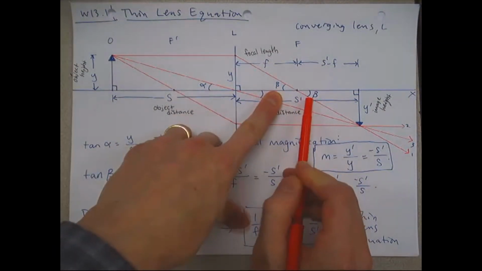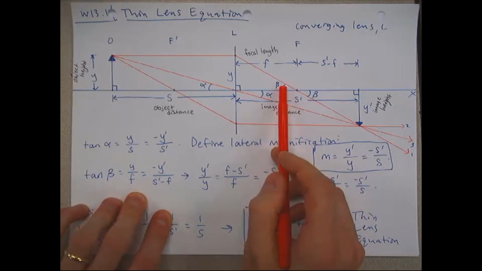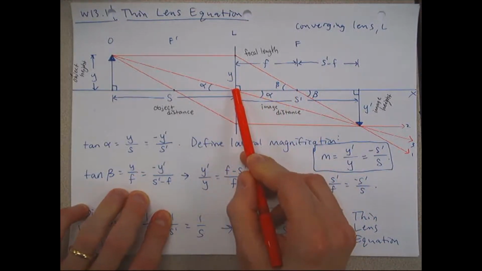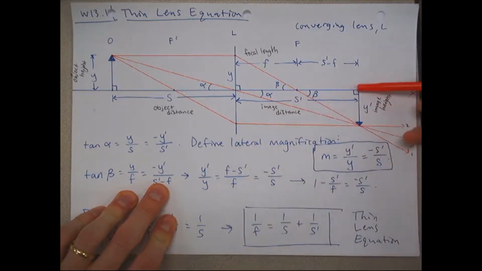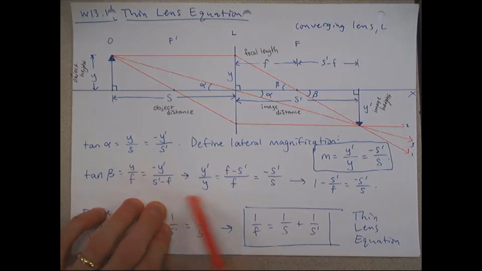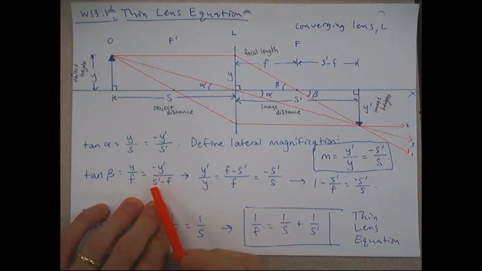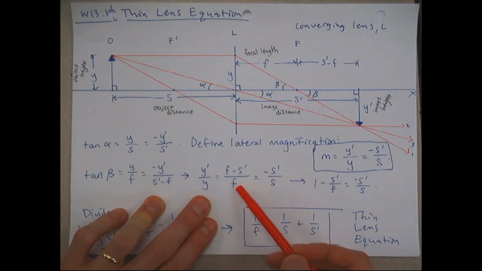So we'll play the same game with the tangent of these angles. Tangent beta is equal to y over f, and it is also tangent beta equal to negative y prime divided by s prime minus f. So there's a little more algebra to pick out this result. The ratio y prime over y is f minus s prime, you flip the sign to make everything positive, divided by f.